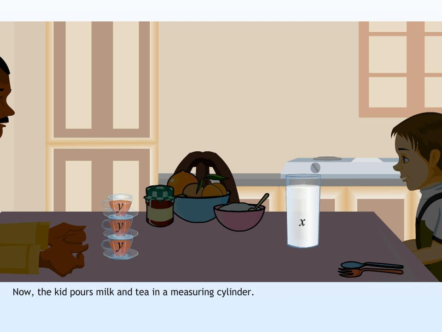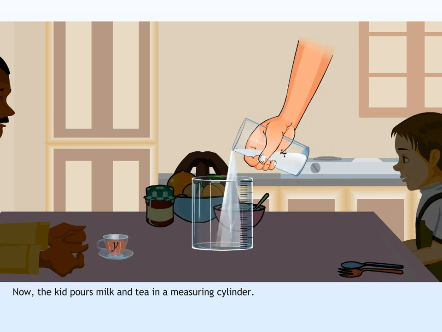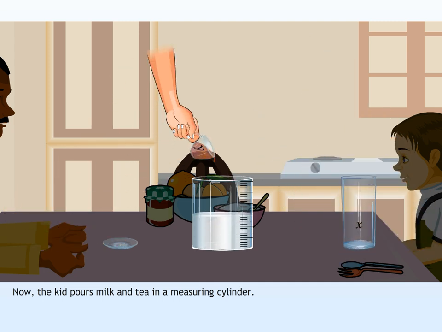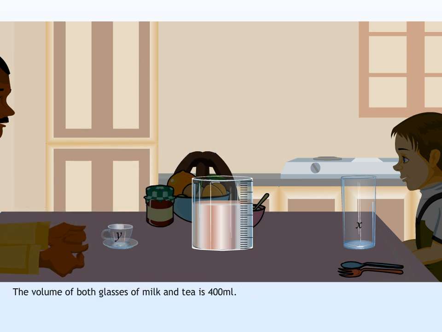Now, the kid pours milk and tea in a measuring cylinder. The volume of both the glass of milk and cup of tea turn out to be 400 ml.